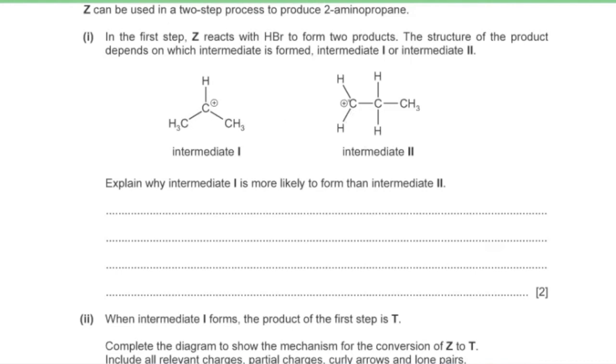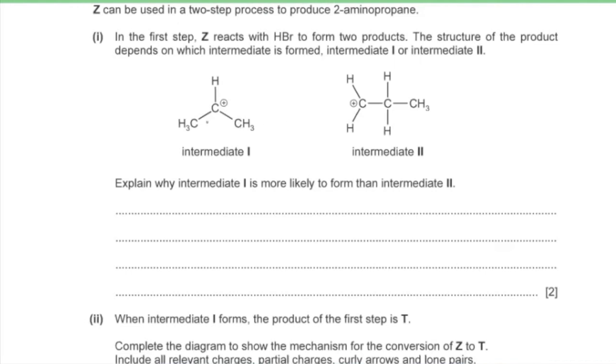This means that this forms a secondary carbocation intermediate, and this one over here is a primary carbocation. Now, a secondary carbocation is more stable than a primary one, because it has more alkyl groups attached to this carbon atom, which also carries a positive charge. So due to them, there is more positive inductive effect, and hence that makes the positive charge on the carbon atom more stable. So this is why intermediate 1 is more likely to form than intermediate 2.